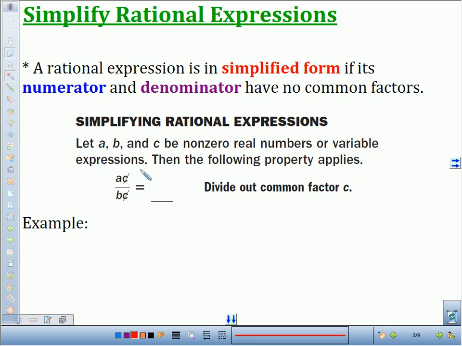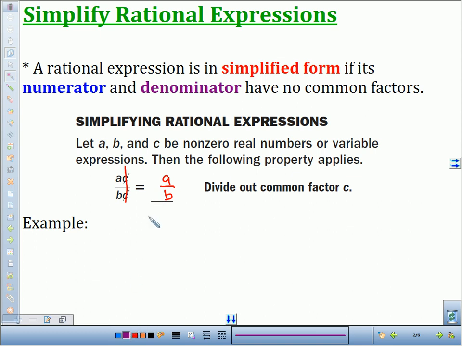We have a fraction a times c over b times c. We can cancel out c on both top and bottom. We divide out that common factor, leaving us with just a over b. And that's pretty much all there is to it.